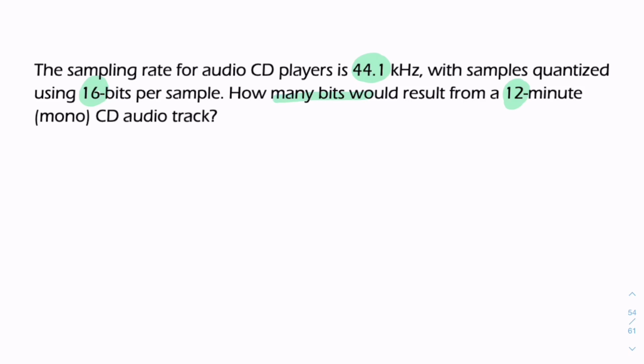So every second, if we're sampling at 44.1 kilohertz, every second we're generating that number of samples. So Fs equals 44.1 thousand. That's how many samples we're generating every second.